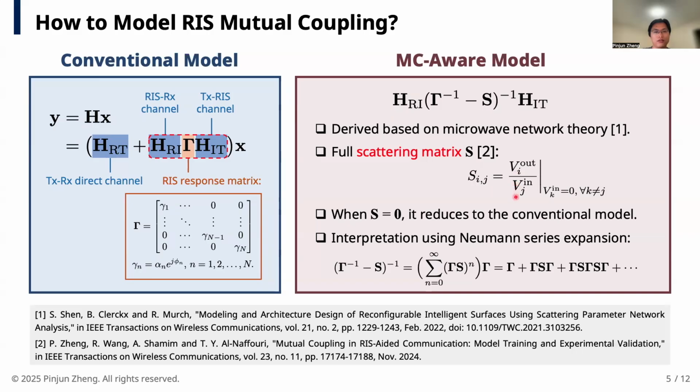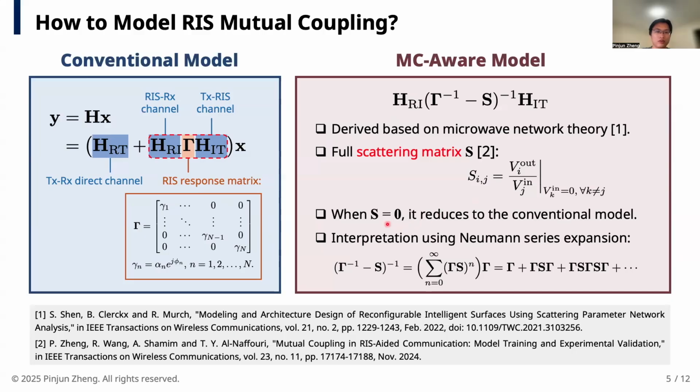We activate the jth element with an input voltage V_j, and measure how much voltage has been induced at the ith element. We take the ratio to be this S-parameter. It's important to note that in this process, we have to make sure all the other elements in this RIS have zero input. So this is the definition of the scattering matrix S.